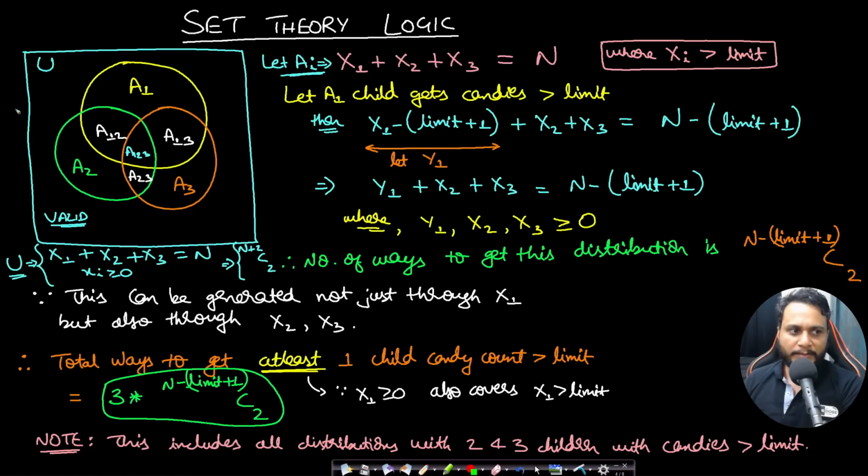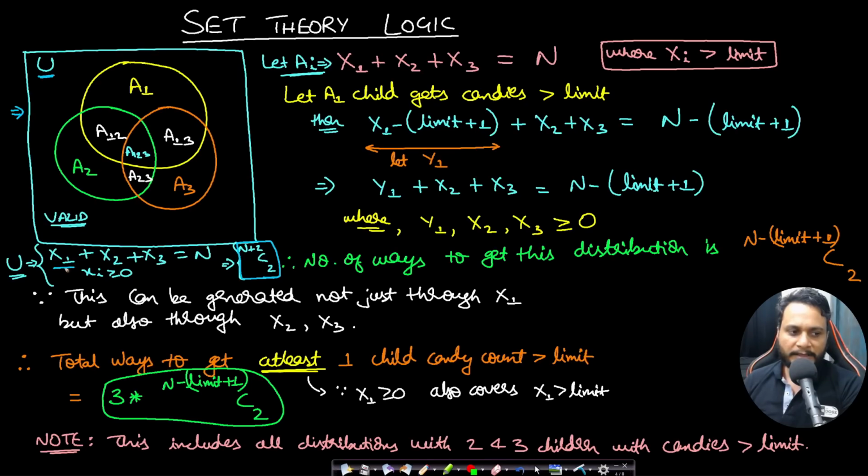So in this case, let me explain this Venn diagram. The universal set, as I explained, will be representing all possible combinations, valid plus invalid. So we already know that all possible combinations, that means the number of ways to distribute n number of candies to 3 children, will be equal to n plus 2 C2. You already know that.